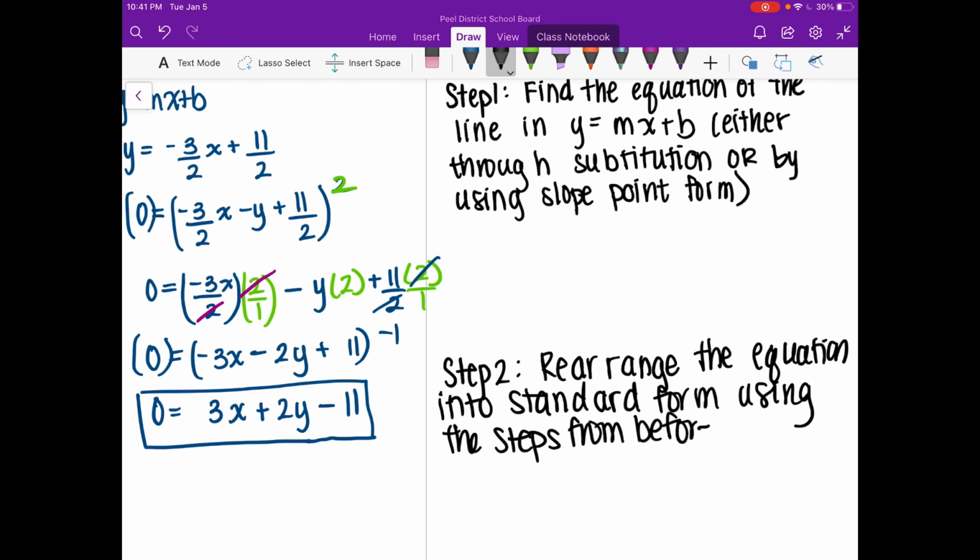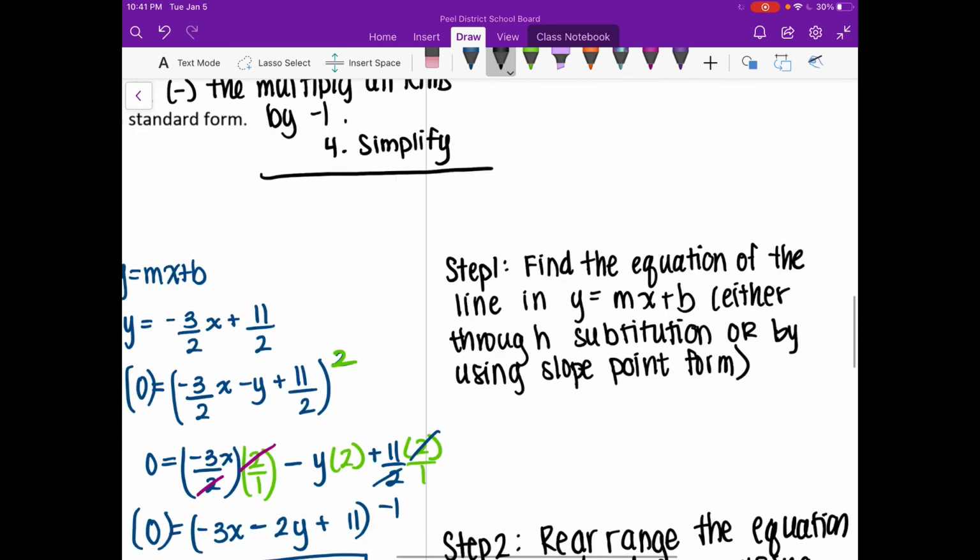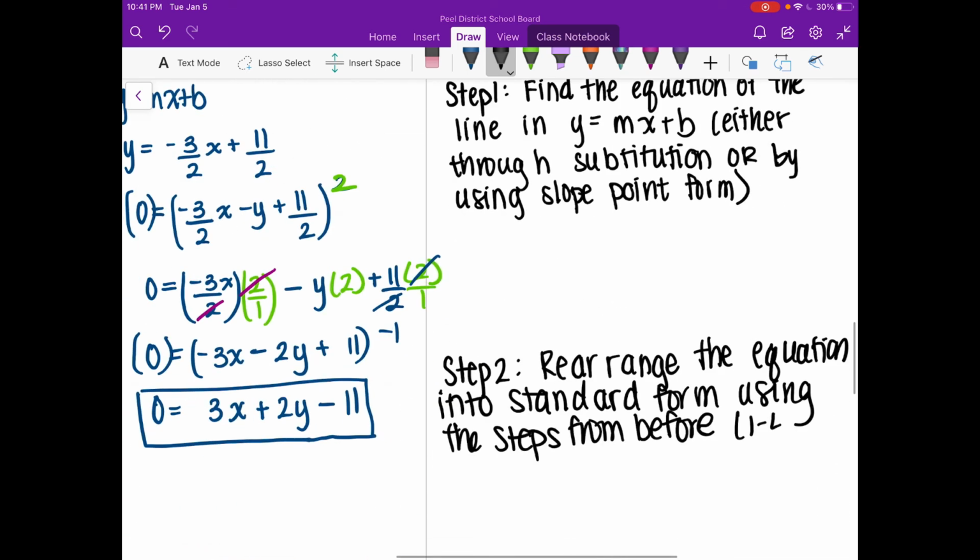Right, so steps 1 to 4 up here. All right, so that's how you would do that.